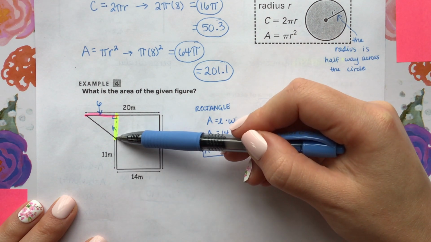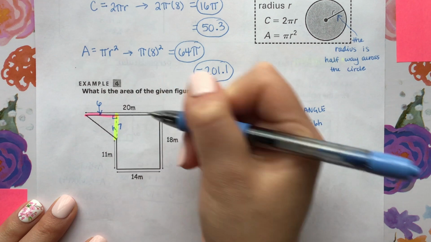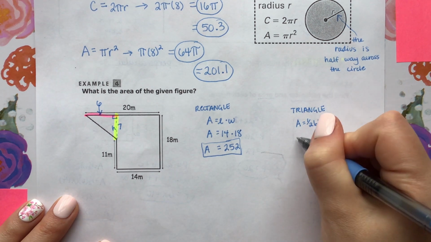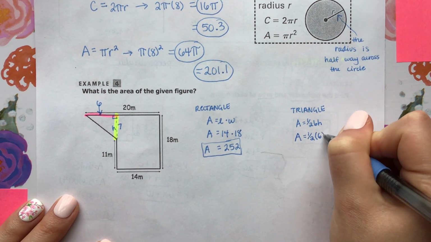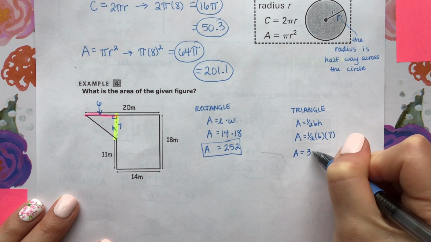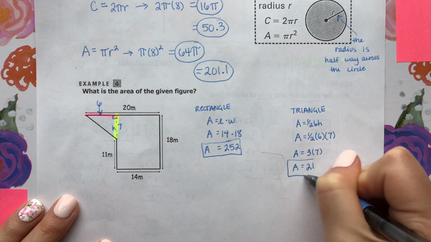So 11 plus what is going to get me to 18? Well, 7. So now I have my base and height of the triangle, and I'm going to substitute them into my formula. So area is equal to 1/2 the base, which is 6, times the height, which is 7. That's going to be 3 times 7. Area is equal to 21.